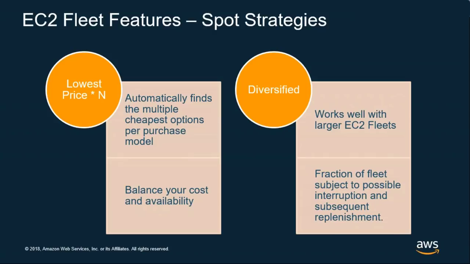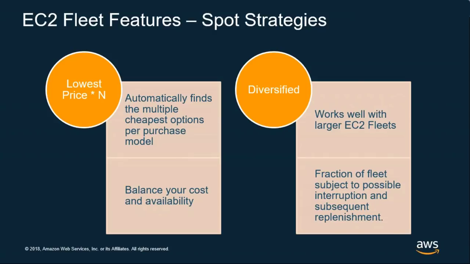And so you might set N to be equal to something along the lines of 4 or 5 or even up to maybe 10 different instance types in order to diversify and spread across multiple instance types to minimize the amount of capacity that you might lose at any one point in time. And so the lowest price times N, as I say, is almost certainly the one you should be exploring and allows you to balance your own cost and availability.